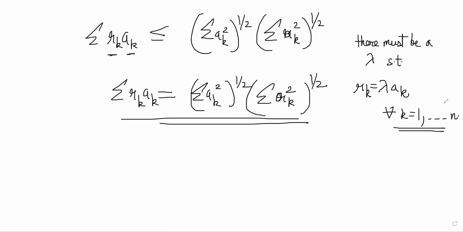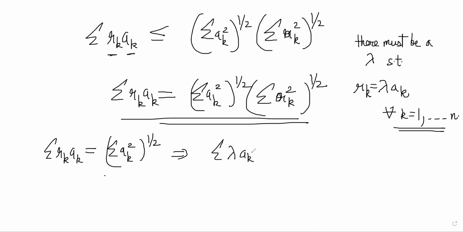Great. So if that is the case, now we can use the fact here, because we know that summation rk ak is equal to summation of ak square power half, and now we can say rk is lambda ak, so it is lambda summation ak square is equal to summation ak square power half.